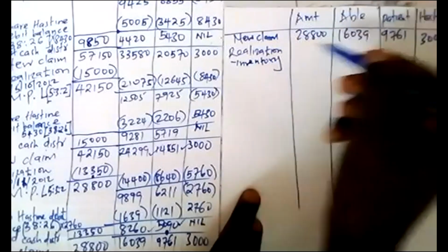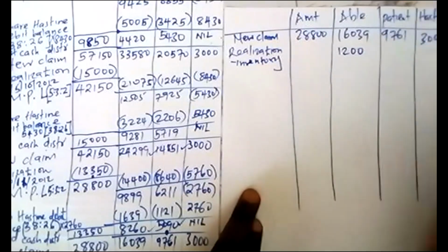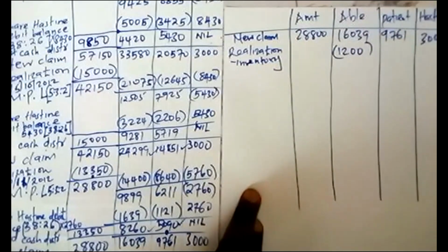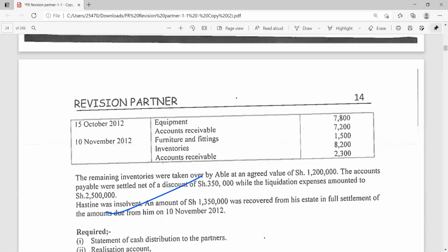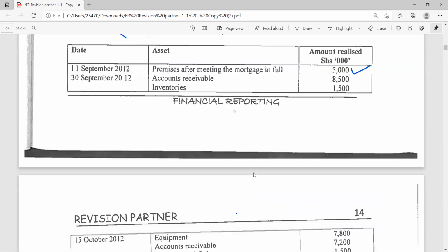Now, where did that come from? See, we realized the inventory in September. So let us anyway clarify that one. So the inventory here, we have 1500. There was the one which they realized on 30th November.